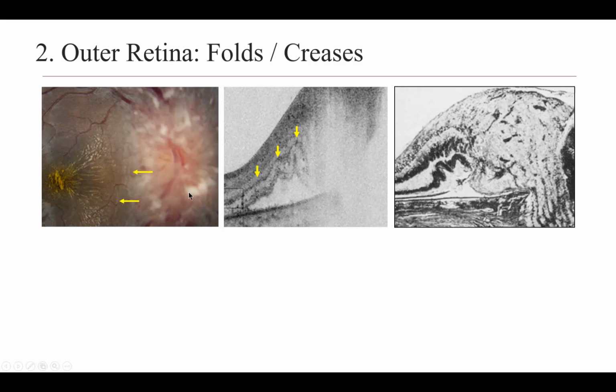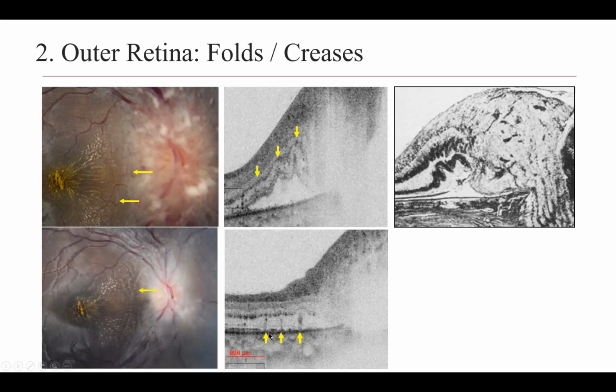Now, we had the opportunity to follow one of these patients because as the fluid resorbed, the patient developed these vertical lines shown here in the outer retina that correlated with these hypopigmented lines. I had seen these little vertical lines and had a lot of difficulty trying to figure out exactly how those came about.